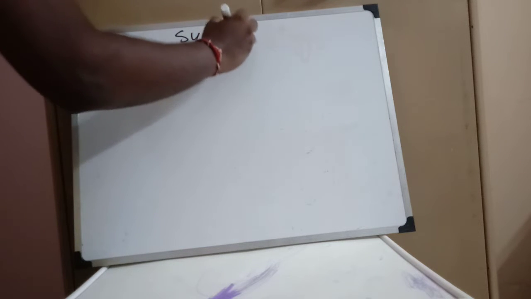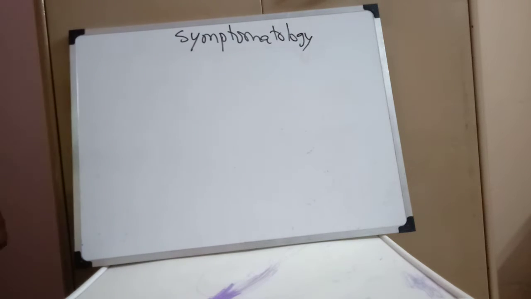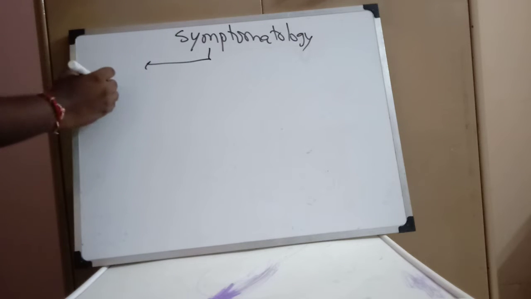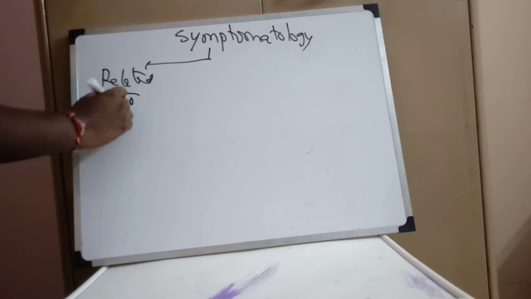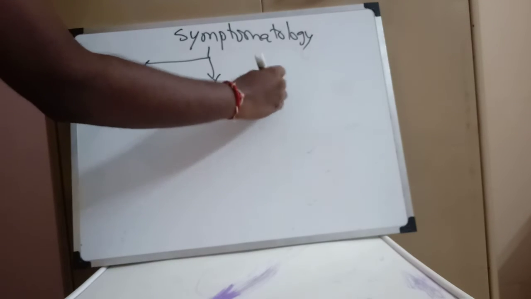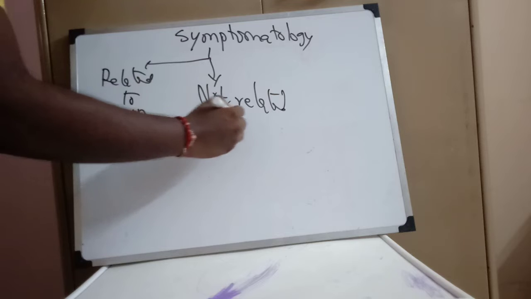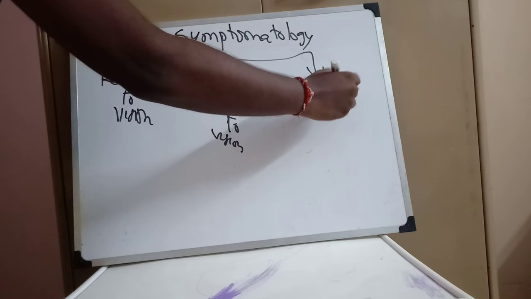Okay, so first we are going to see symptomatology. Any patient who comes to the ophthalmology OPD can be divided into having symptoms which are related to vision, those symptoms which are not related to vision, and those symptoms which are related to the adnexa of the eye.